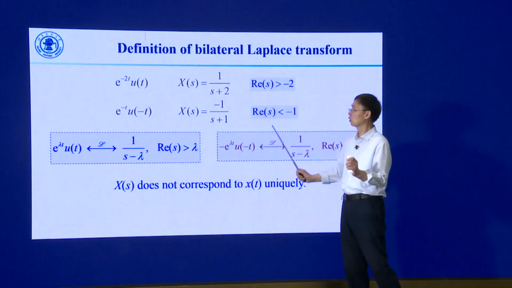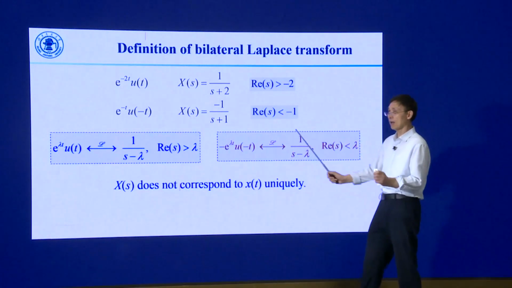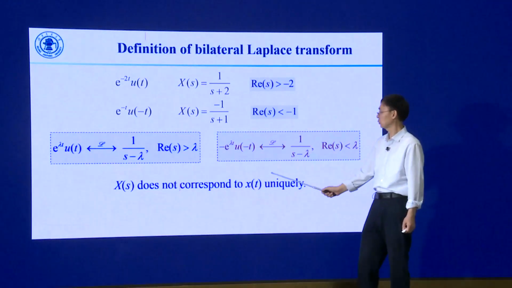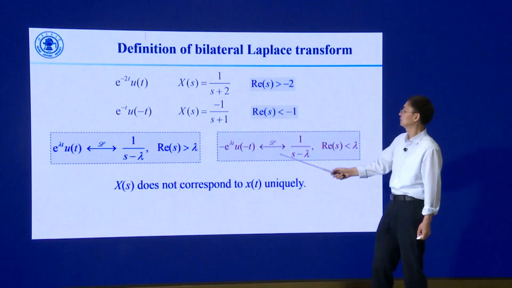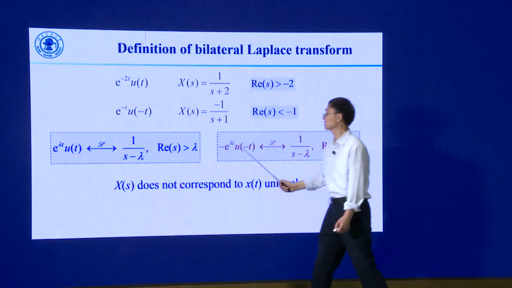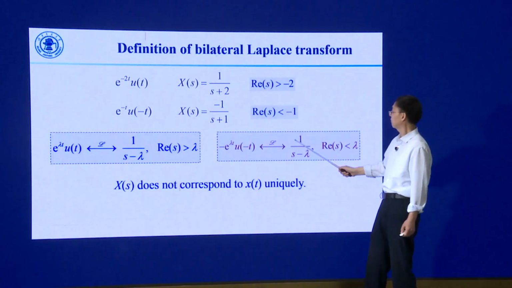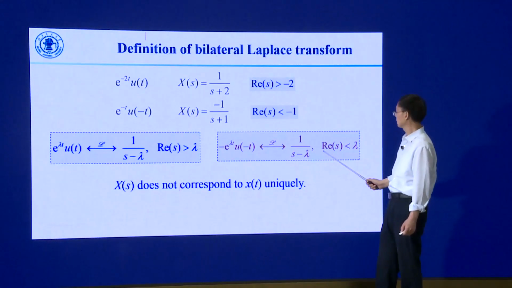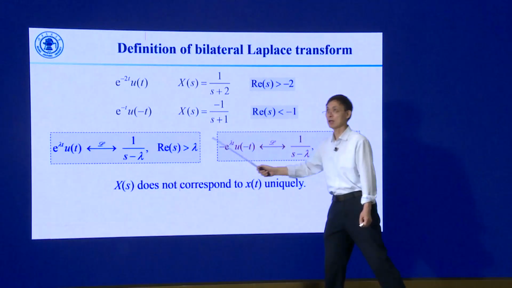Without the region of convergence, the X of S does not correspond to x of t uniquely. These two different signals have the same function in the S domain, but the regions of convergence are different.